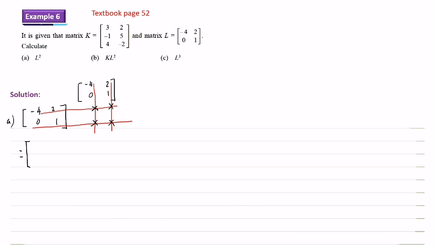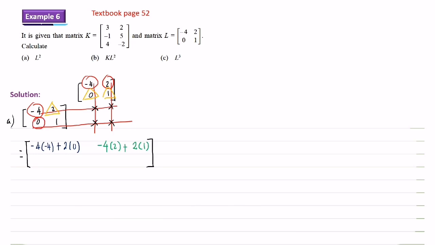Just follow the line and you multiply. So negative 4 times negative 4 plus 2 times 0. First row, second column: negative 4 times 2 plus 2 times 1. Now we proceed to the second row, times the first column.